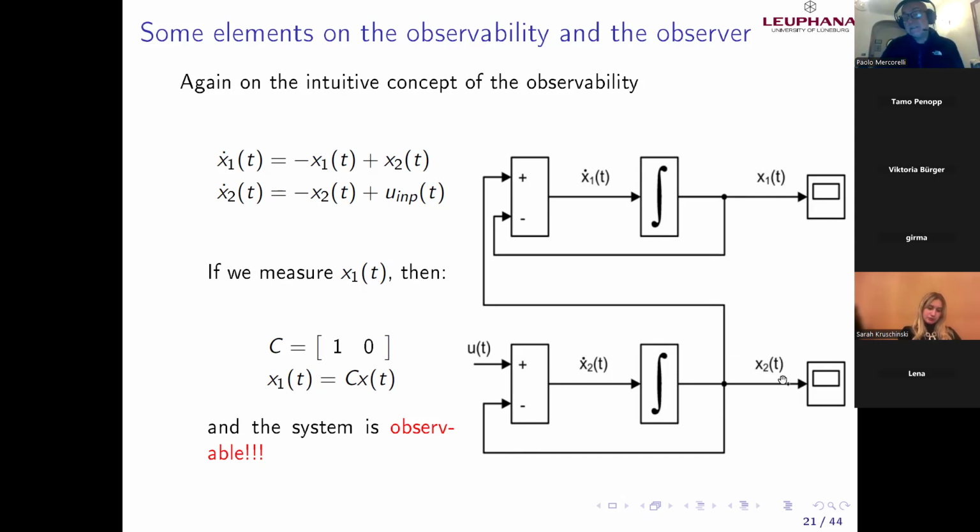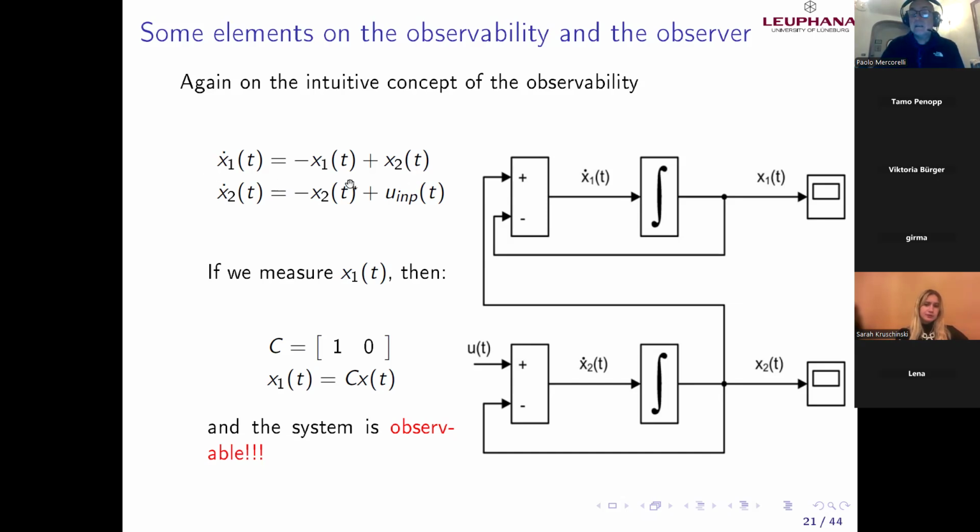X1 and x2 are connected thanks to this line, but what does the line represent? It represents mathematically that x2 is present in the dynamics of x1. This means the variation of x1 depends also on x2.